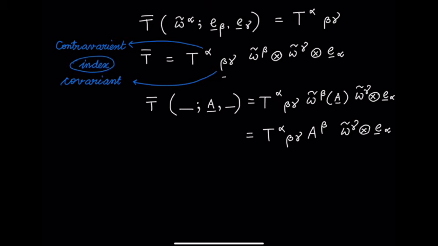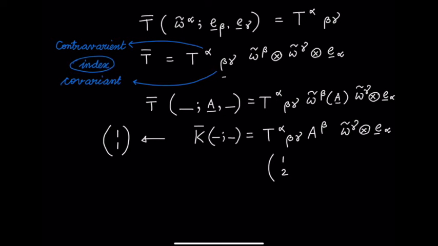And you will agree that this is a tensor now, which has one slot for a one form and one slot for a vector. So this is a tensor of type 1, 1. So what I have done, I have constructed a tensor of type 1, 1 from a tensor of type 1, 2.